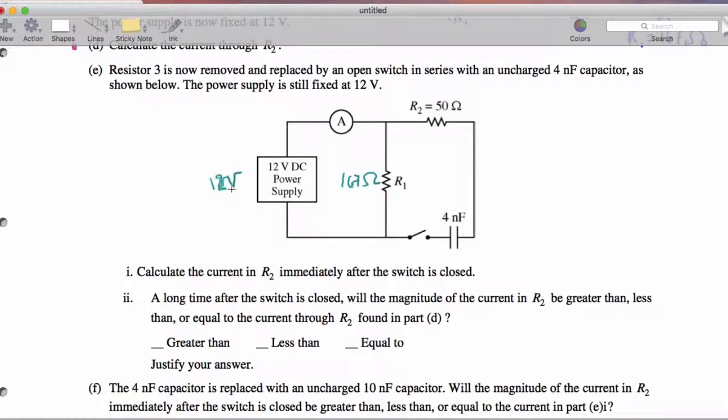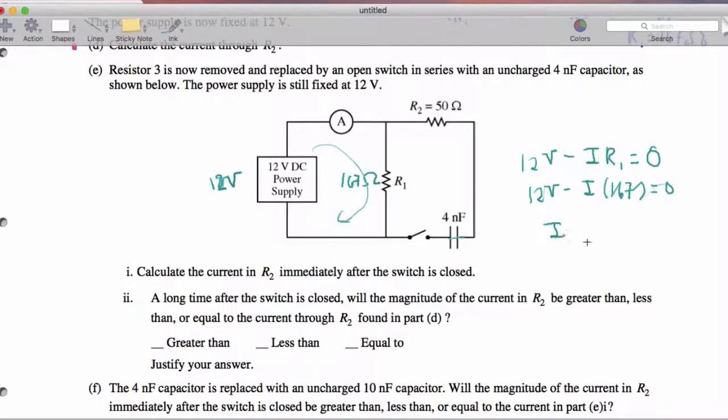Now, since 50 and 167 are in parallel, when we close the switch, this acts as a wire. So I can do a loop like this and just say 12 volts minus the current through R1 equals 0. And so I can say 12 volts minus I times 167 equals 0.